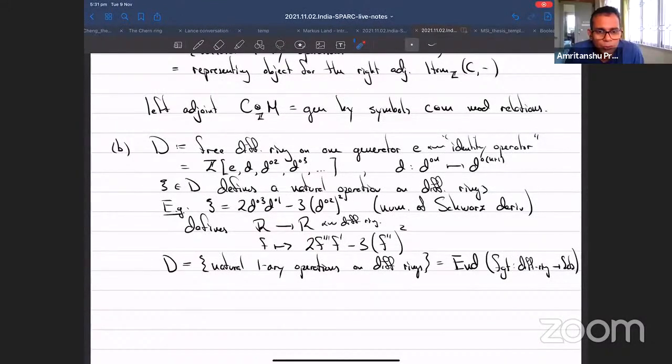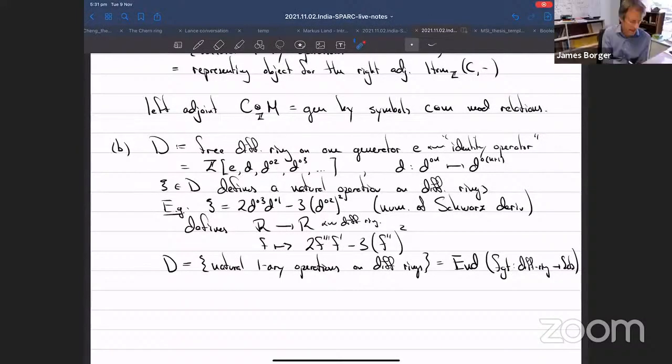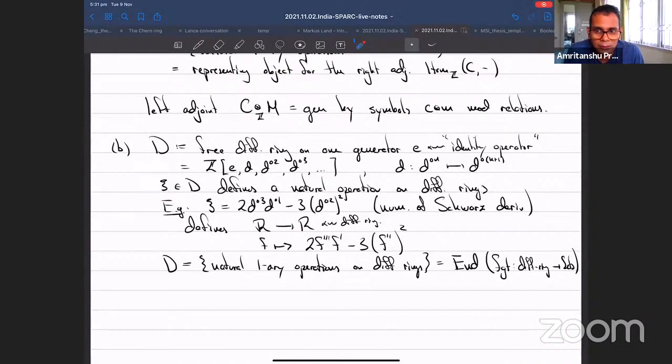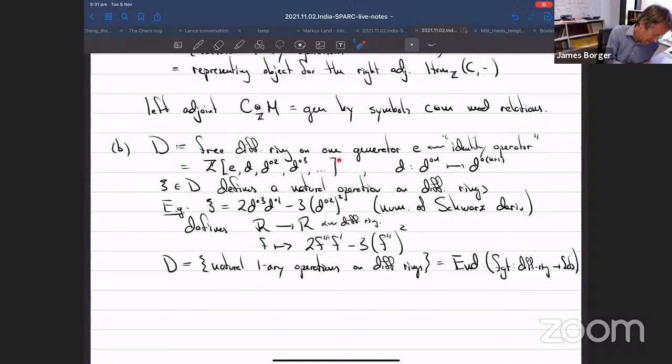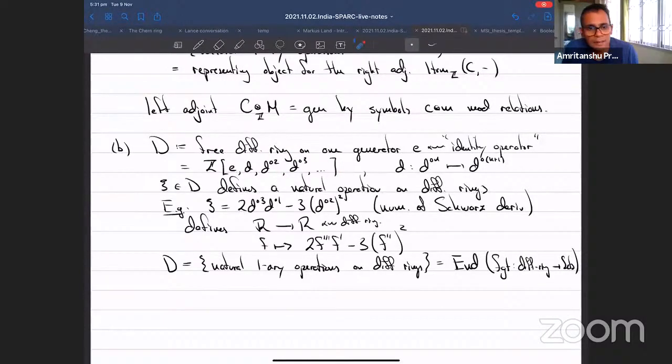So I suppose what you really want to say is that the polynomial algebra generated by D is the endomorphism. No, the right-hand side is a ring. So Z, let's see, this is a polynomial algebra in infinitely many variables. On the last line? Yes, so the left-hand side should be an algebra.